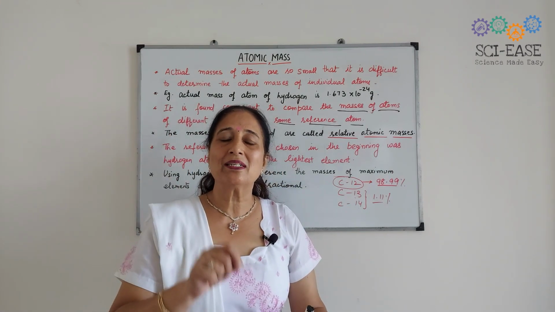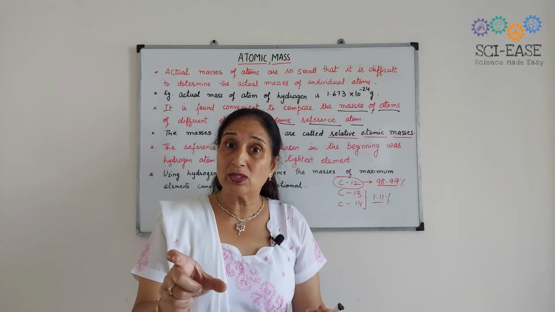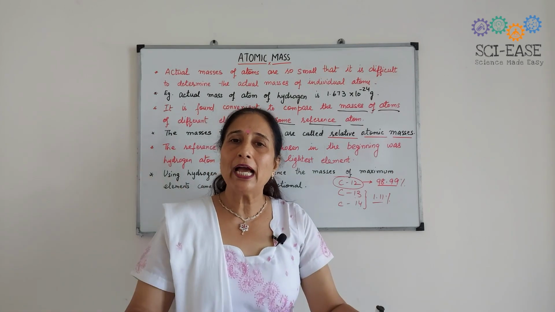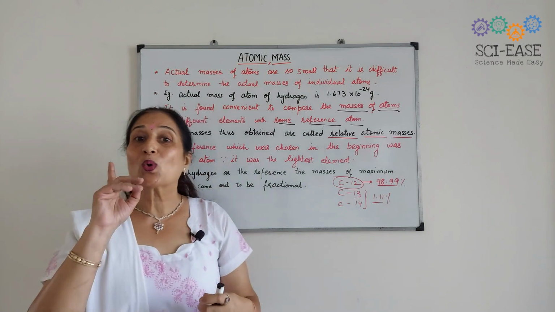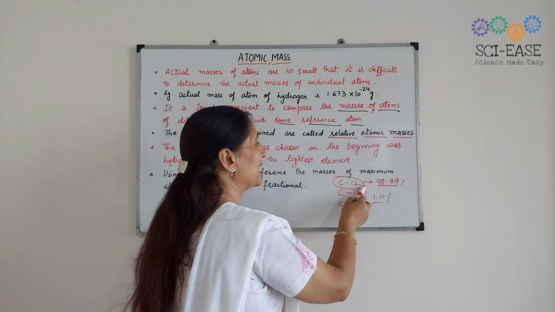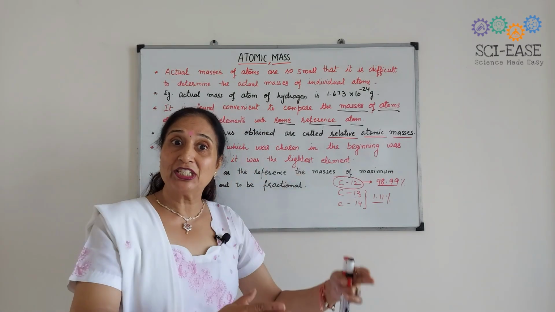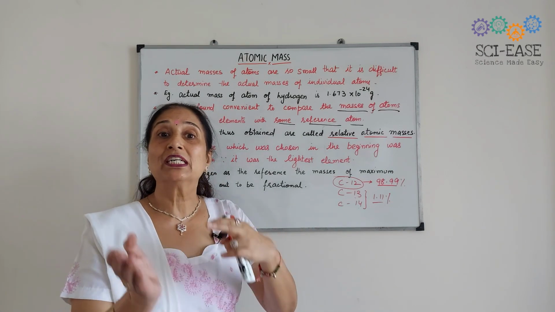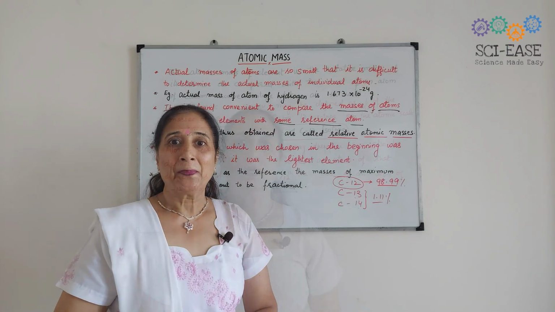We always keep it in kerosene because of its reactivity. So the element taken as a reference element should have optimum reactivity. So the carbon 12 isotope was taken as the reference element with which the atomic masses of the other elements can be compared.